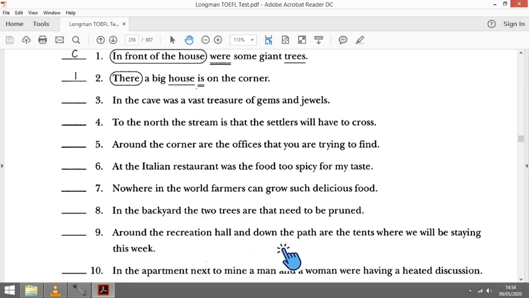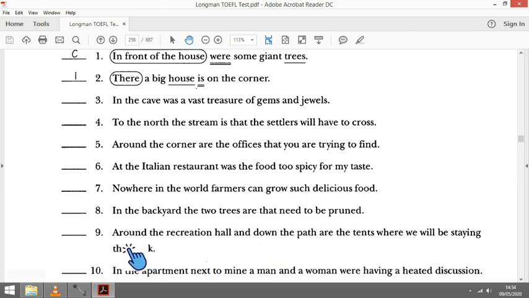Number 9. Around the recreation hall and down the path are the things where we will be staying this week.